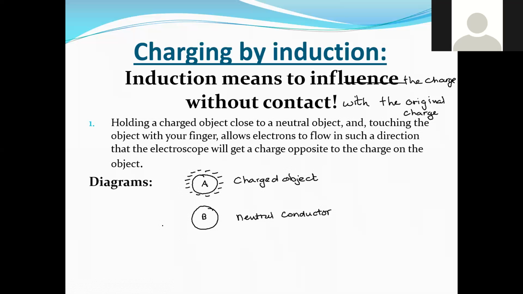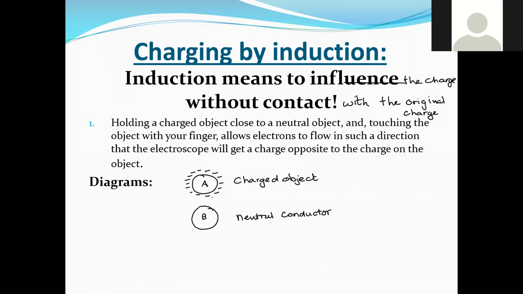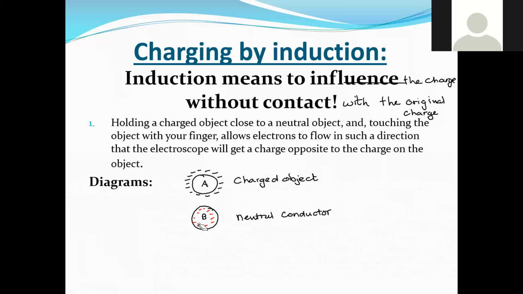What will those electrons do to any electrons that are in object B? What will one lot of electrons do to the electrons in another object? Negative will repel negative, am I right?